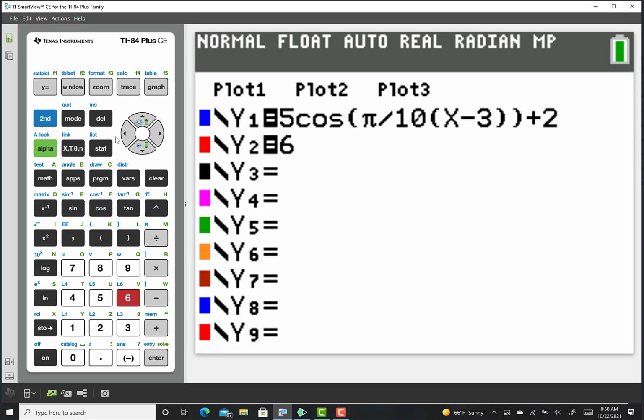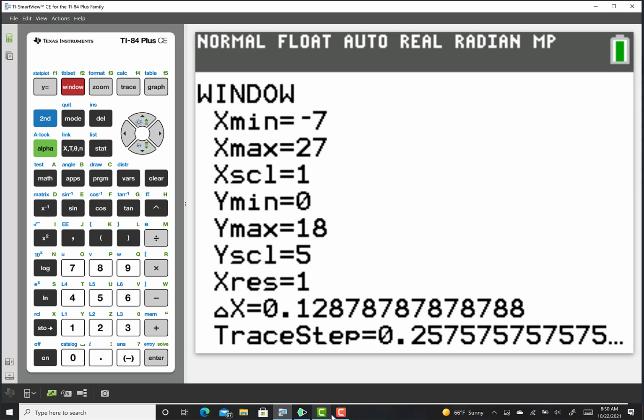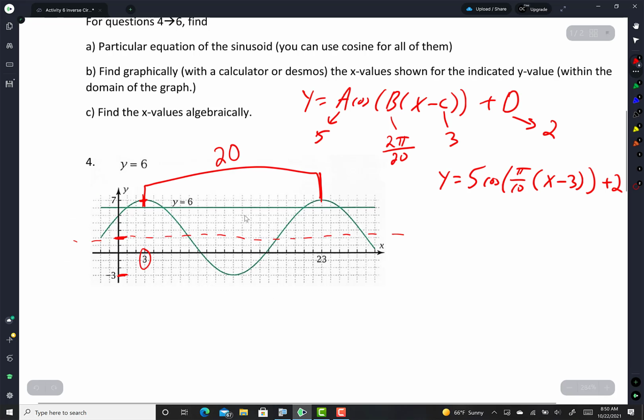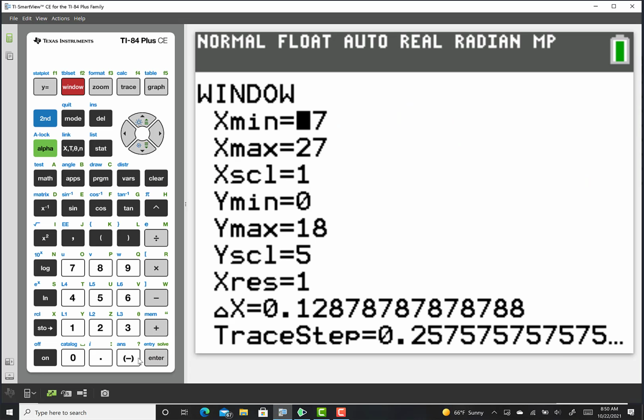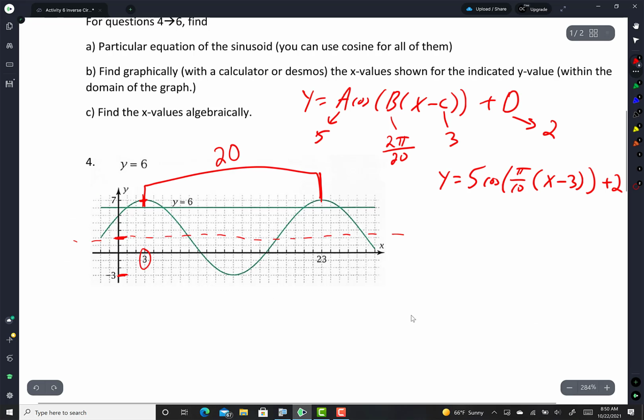Before you push graph, I'm going to click on window. I'm just going to make it look like this one. See? So the y min, -1, -2, -3. Y max, 23, 24, 25, 26, 28, 29, like 30.